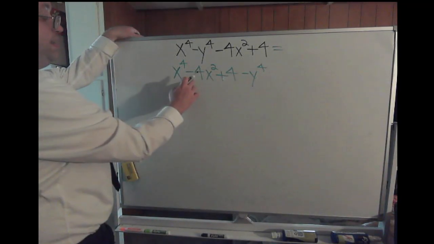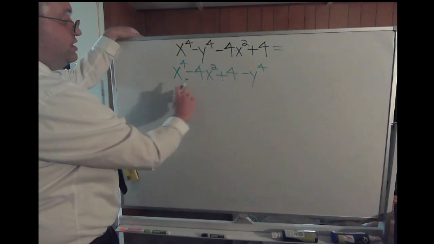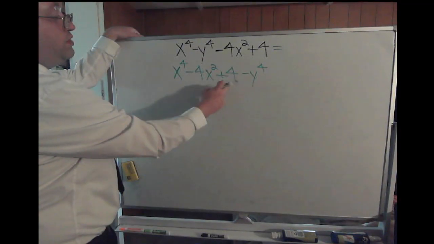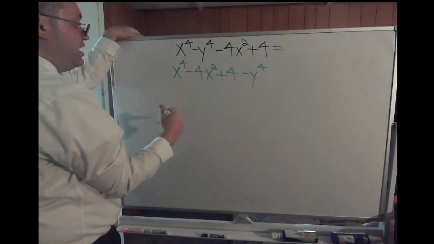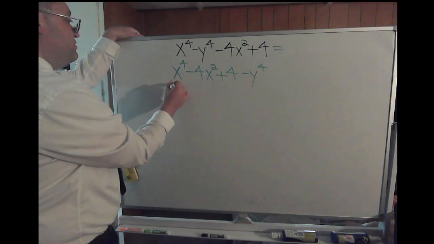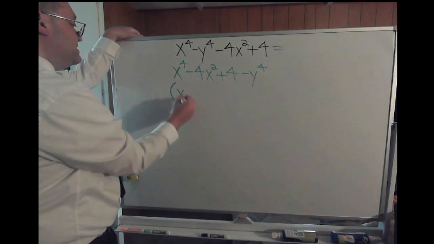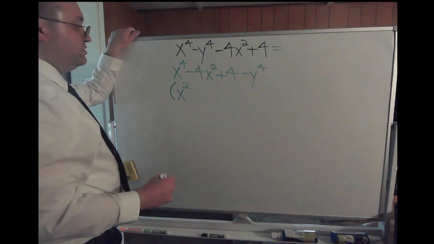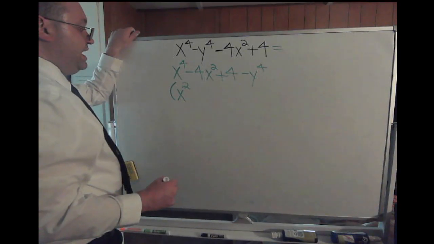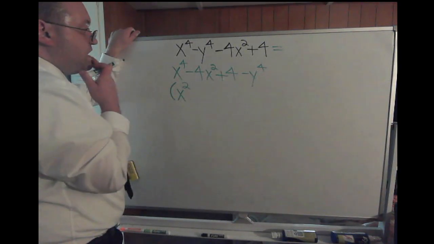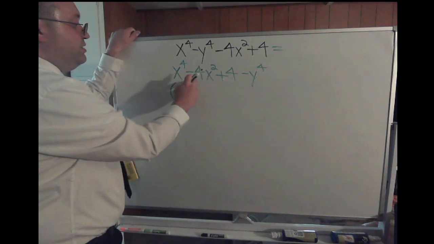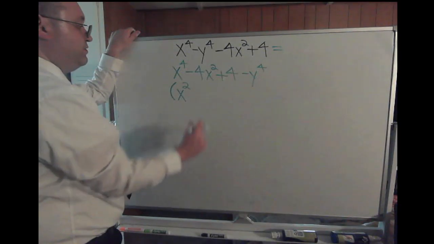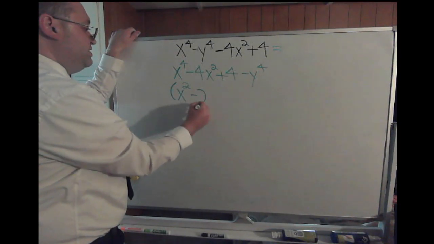It looks like we have a perfect square trinomial here for your first three terms, or I would say a binomial square, however you want to say it. Square root of x to the 4th, that's going to be x to the 2nd. Now you have a negative sign for your middle, so you need a negative root of 4. Well, that would be negative 2.